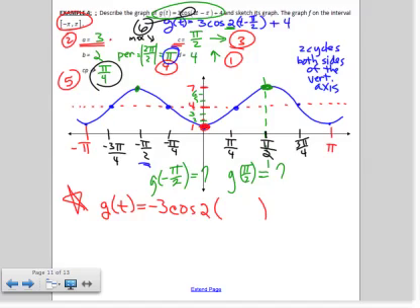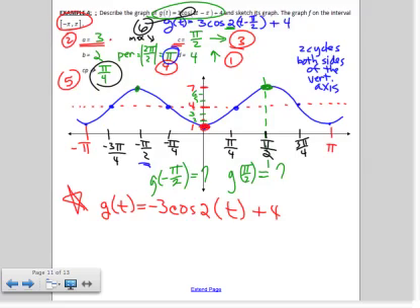I've already done the hard work of factoring that 2 out, so we're going to leave it factored out. We don't need to shift it horizontally anymore, so it's just 2t, and then plus 4. Even though it's starting at a minimum, we still have the vertical shift of 4 up.